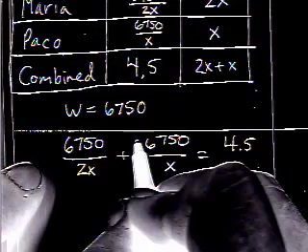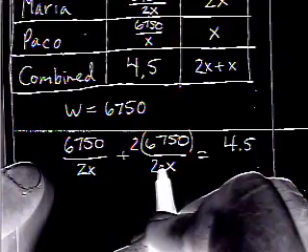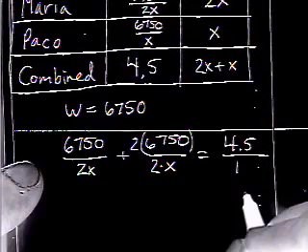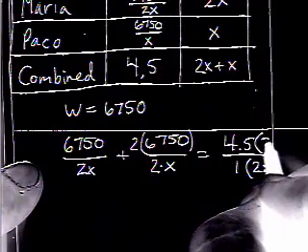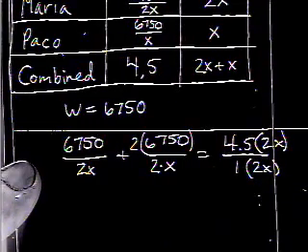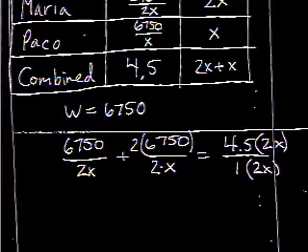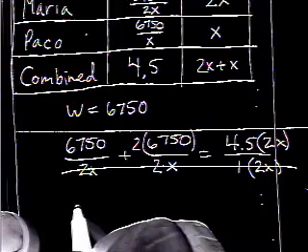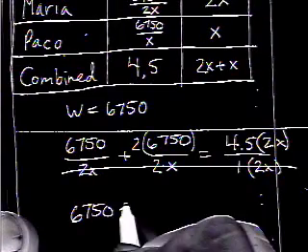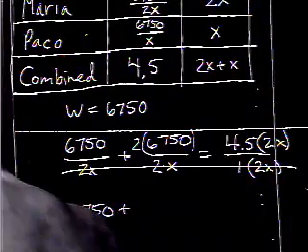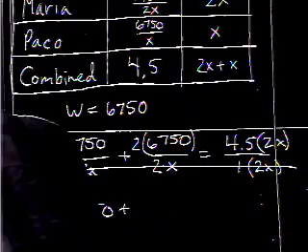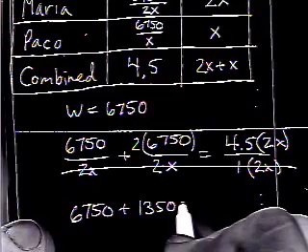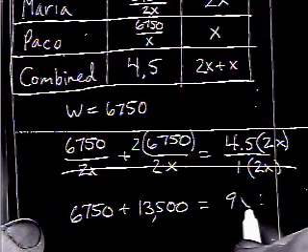So I can see this is clearly missing a 2, so I'm going to multiply the top and bottom of that by 2. This denominator, which is a 1, is missing a 2x, and so I'm going to multiply the top by 2x. So obviously, if I multiply all those denominators by 2x, I would eliminate those, giving me 6,750 plus 6,750 times 2, that's 13,500, equals 9x.